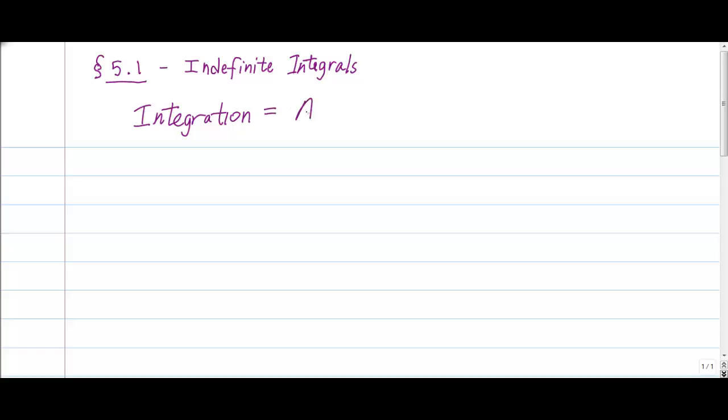So we call it anti-differentiation. The anti-derivative, the anti-differentiation. So let's start off with the definition.